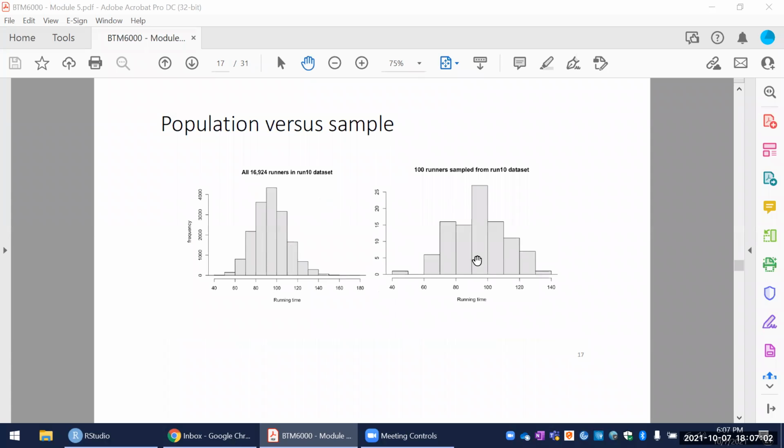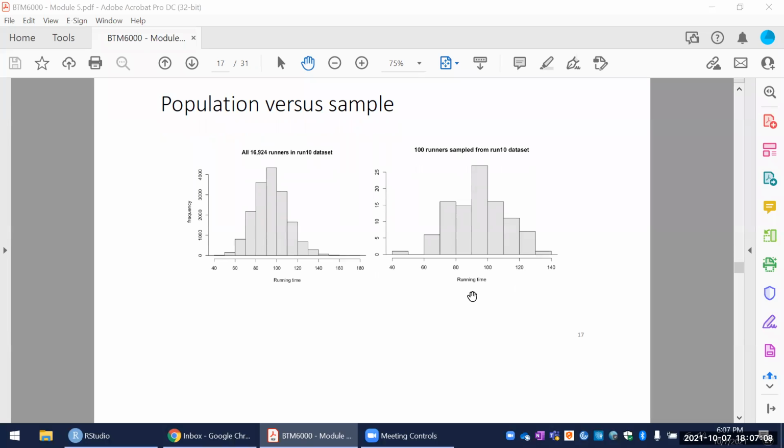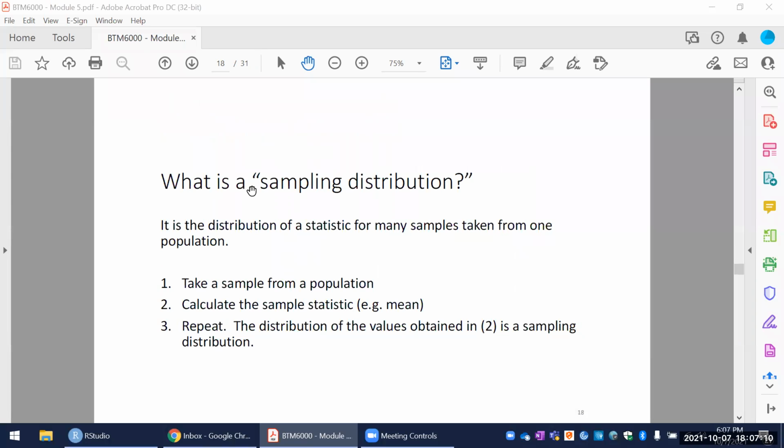This mean is considered to be identical to that of the population. Is it really? Not necessarily. And this is why it's very important, because the sampling distribution is built of the sample statistics that have been calculated from repeated samples that you have drawn.